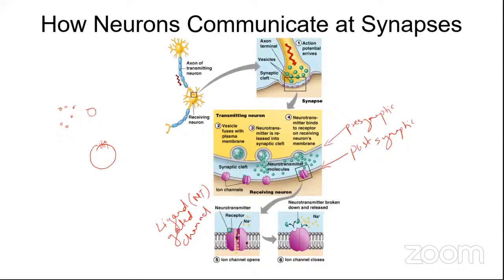Okay. So now just imagine that it is a sodium ion channel, and listen to this carefully, because you need to answer this question. If the receptor in the postsynaptic membrane is a sodium ion ligand gated channel, a neurotransmitter dependent channel, which is going to open in response to binding of the neurotransmitter, then what's the fate of the next neuron?